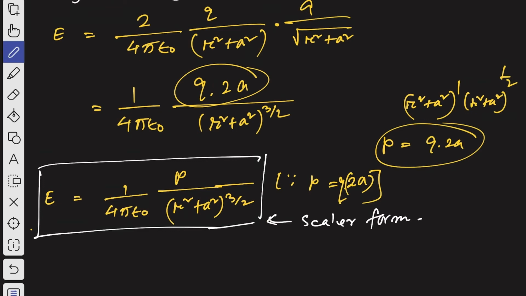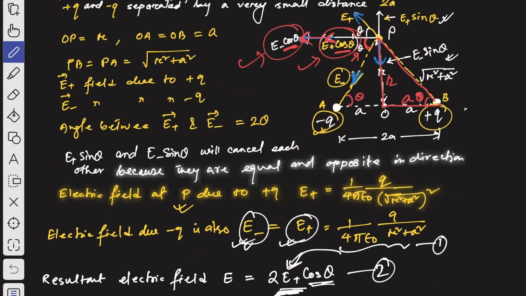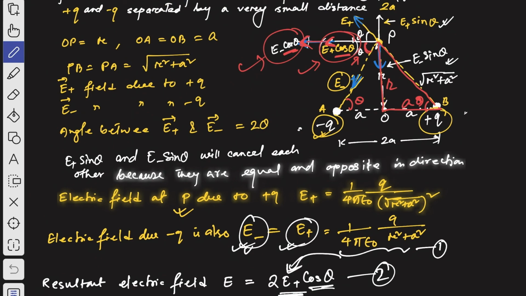So this is the scalar form. What will it be in vector form? Let's move on to the diagram. This is negative charge q and this is positive charge q, and the direction of the dipole moment is from negative charge to positive charge. This is the direction of the dipole moment.